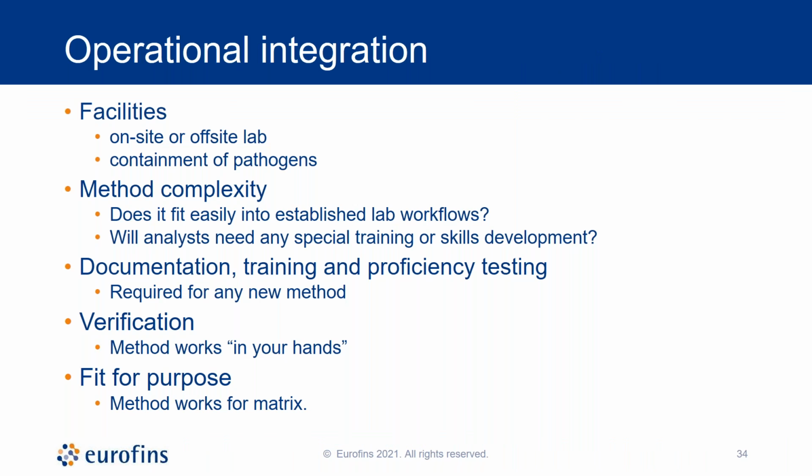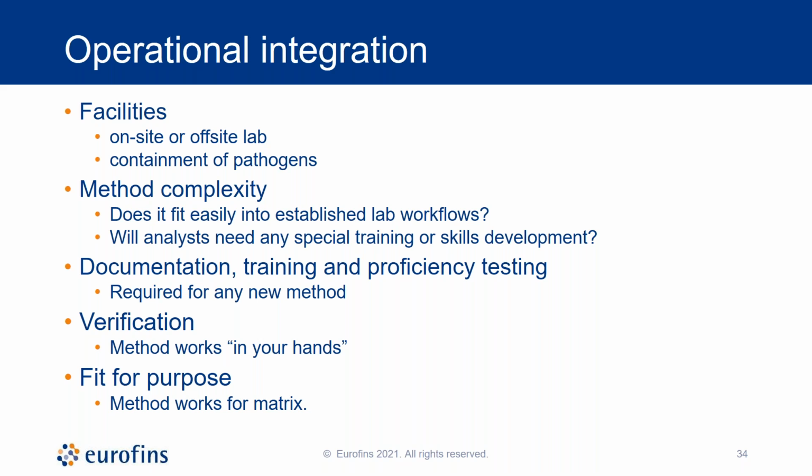Next slide, please. So assuming now that we have come to the view that we've got a technology that we like, it's validated for the categories of matrices that we're interested in, we just want to drop it in the lab and run it. Well, again, it's not necessarily as straightforward as that. We do want to think about a few things.